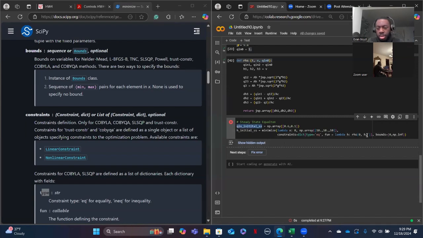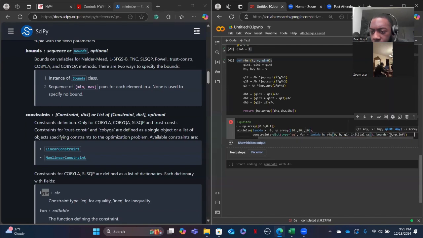Just copy and paste. So there you go. That's wrong. What's the problem there? Okay. And then also for our bounds, I need to put these in brackets, in parentheses. Okay. So now we should be good.